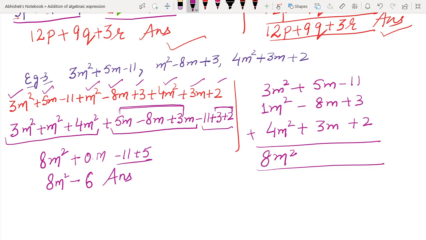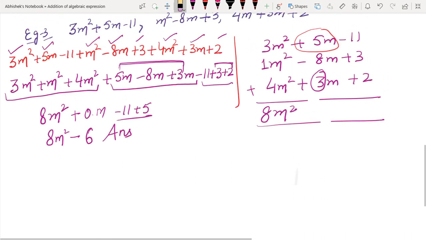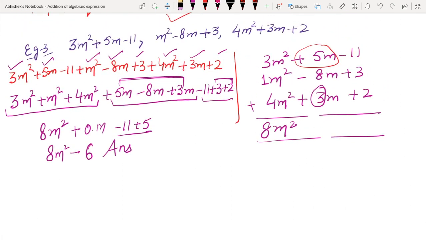Now again we will add the positive terms first. We know that the variable remains as it is here. So here it is 5 plus 3, it is 8, and 8 minus 8 is 0m.